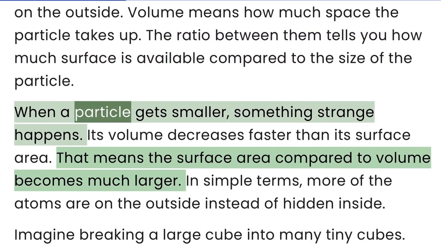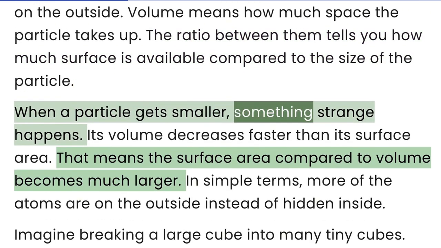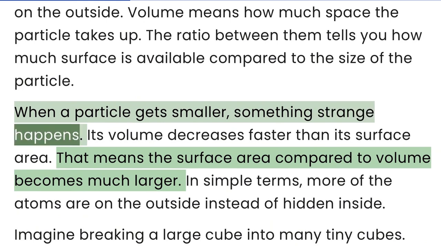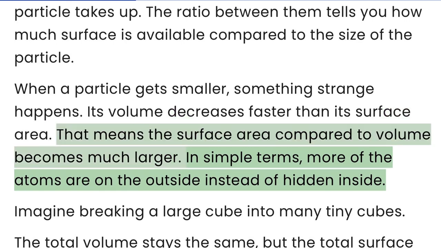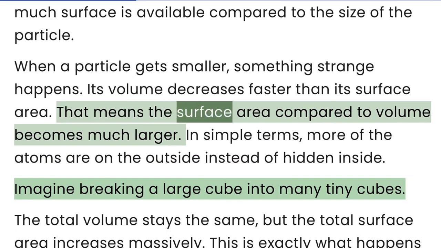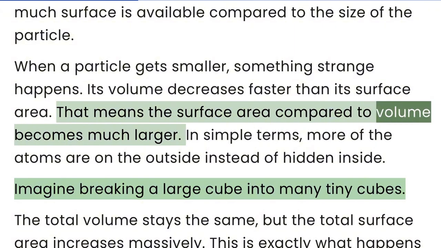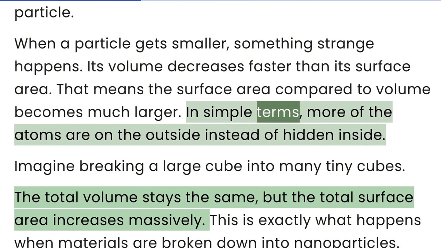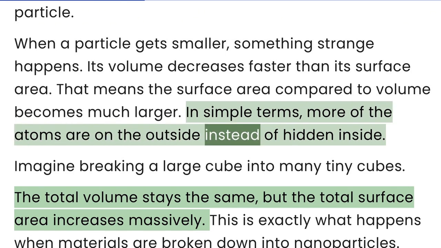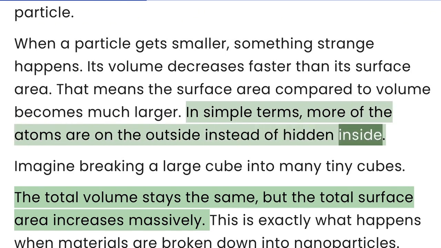When a particle gets smaller, something strange happens. Its volume decreases faster than its surface area. That means the surface area compared to volume becomes much larger. In simple terms, more of the atoms are on the outside instead of hidden inside.